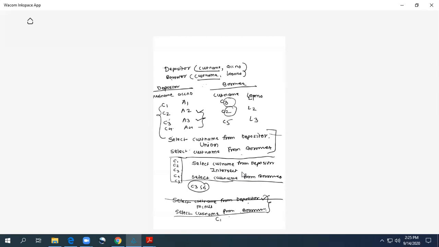C1 and C4. The result of this query will return only two customers, C1 and C4, who are having only the saving account, subtracting C3 and C2 because they also have a loan account in the bank. I hope, student, you are clear with this. Thank you.